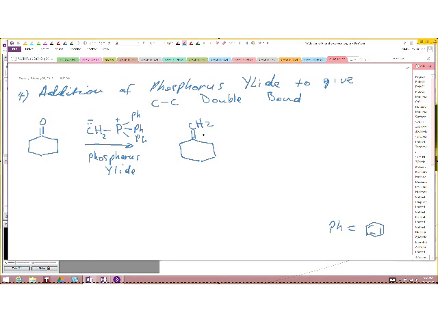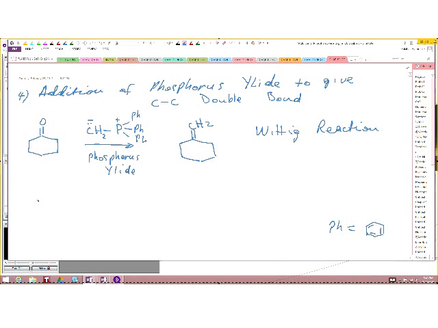So you should add to your tool kit of reagents that form a new carbon-carbon bond the ylide. And this particular reaction we refer to as a Wittig reaction. And very often we refer to the ylide as a Wittig reagent.